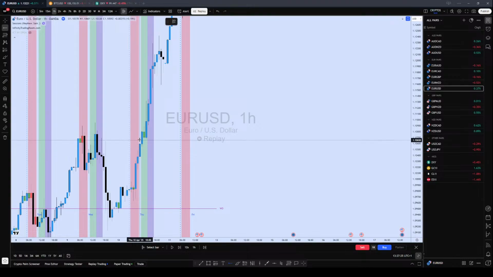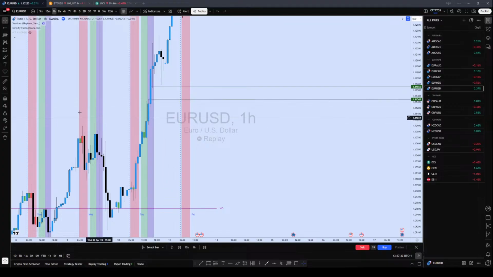So we do have a lot of fair value gaps here. We have this one, we also have this one during that time of the day, and then a small one in here which I'll highlight.